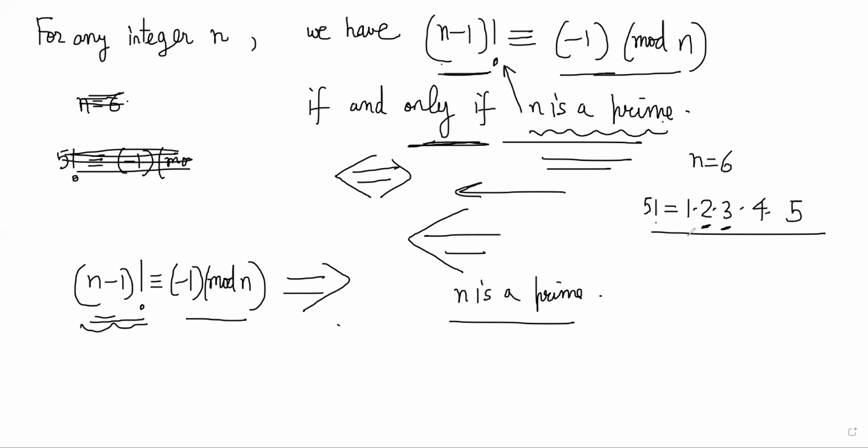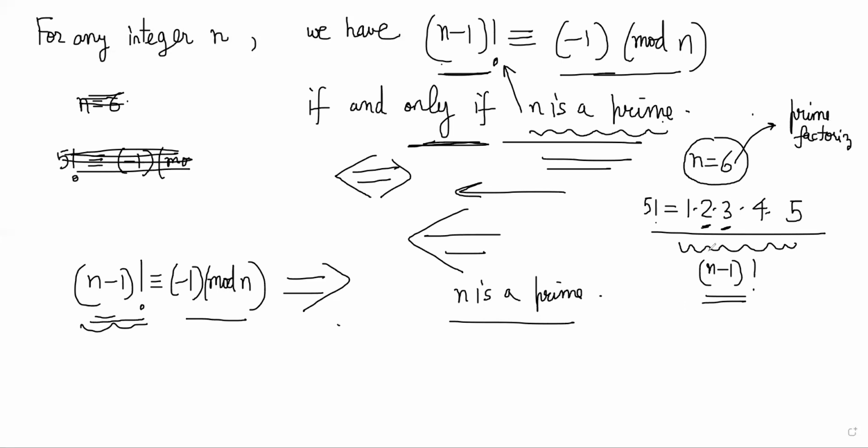I think what happens is, if you have a composite number, all the numbers before it are in (n minus 1) factorial. That composite number has some prime factorization, and all those prime factors are already present in the numbers before it. That is what is making it divisible.